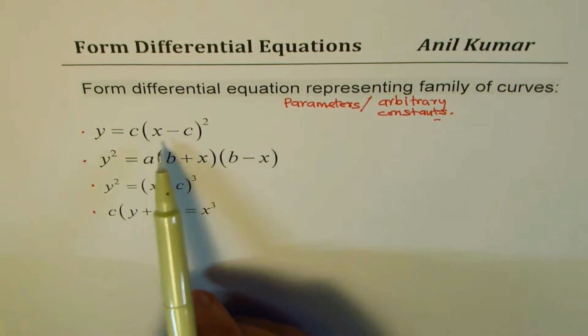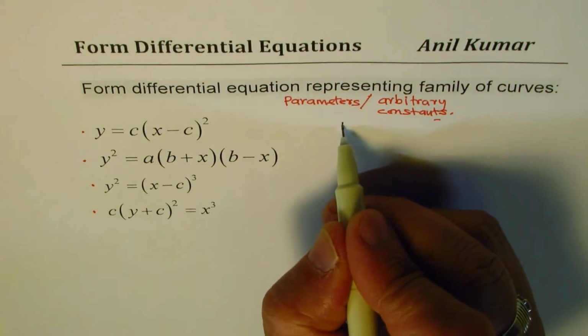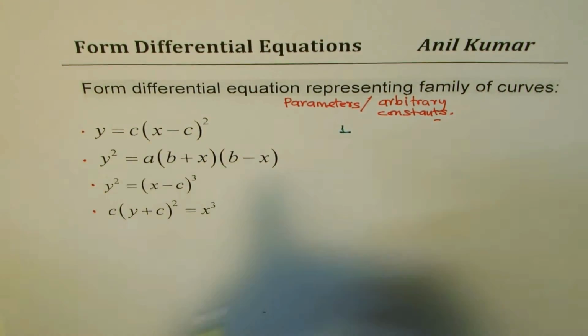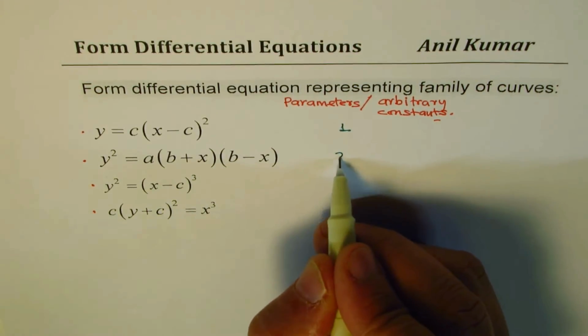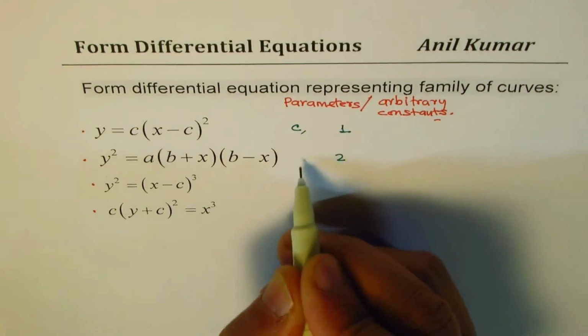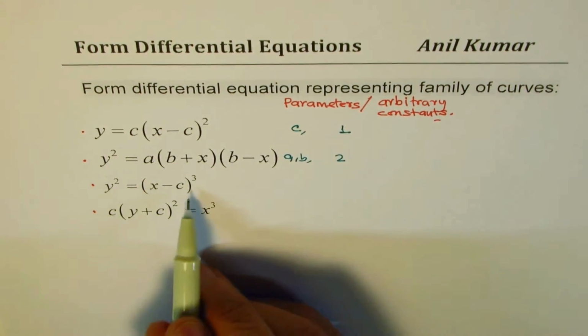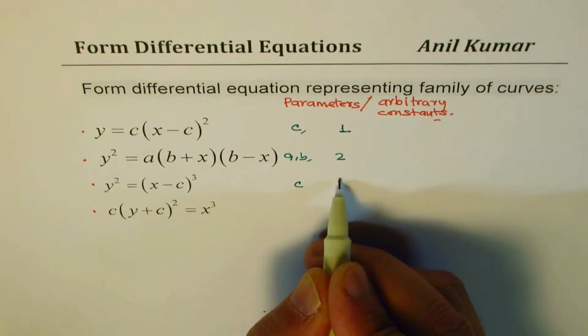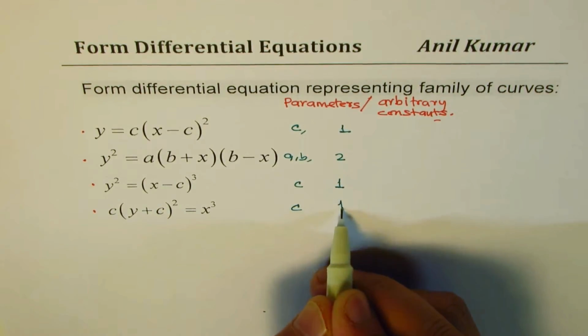Now, in the first equation, we have only one arbitrary constant, which is c. In the second equation, we have two, a and b, right? In the third equation, we have only one, which is c. And then again, we have just c.